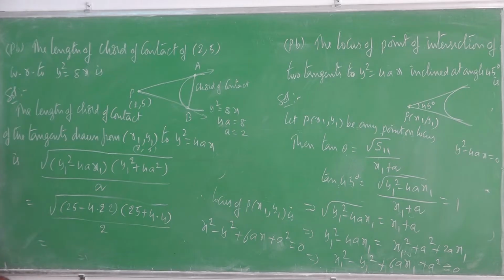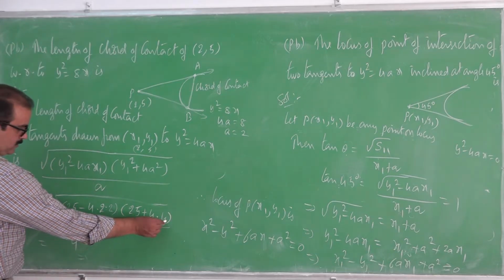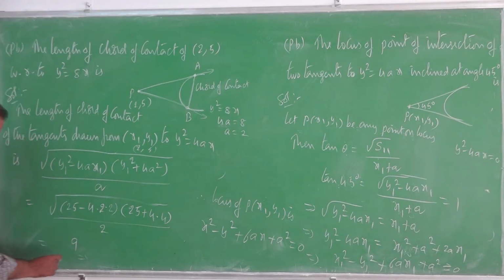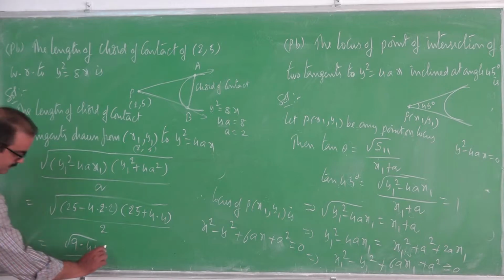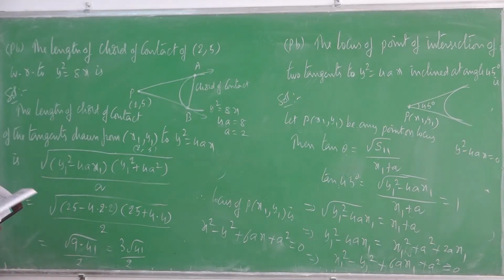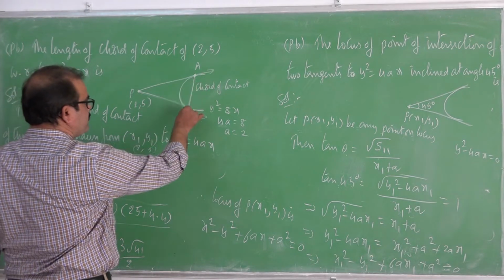Now calculate this value. 4 into 2 is 8, 8 into 2 is 16. 25 minus 16 is 9, into 16. 4 into 4 is 16, 16 plus 25 is 41, by 2. Root 9 is 3. So 3 root 41 by 2. Okay, this is the length of the chord of contact.